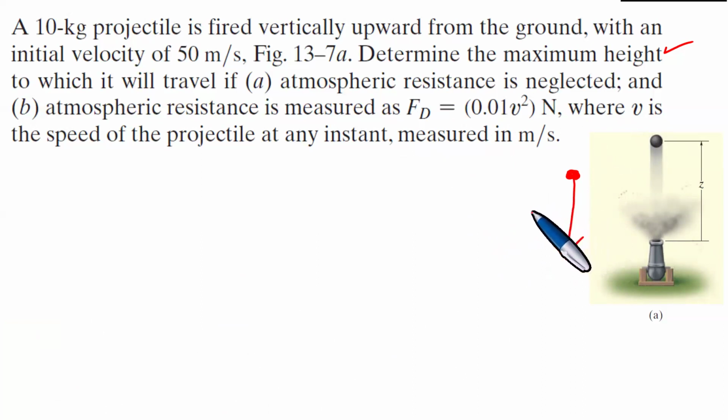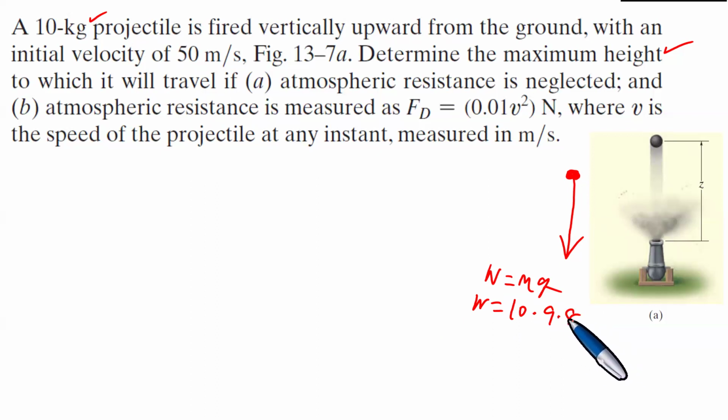We know that the weight is mg, which means the weight is the mass, 10 kilograms, times 9.8. You can use 9.81 or just 9.8. If it's 9.81 that you take, the decimal point moves once, making it exactly 98.1 newtons.